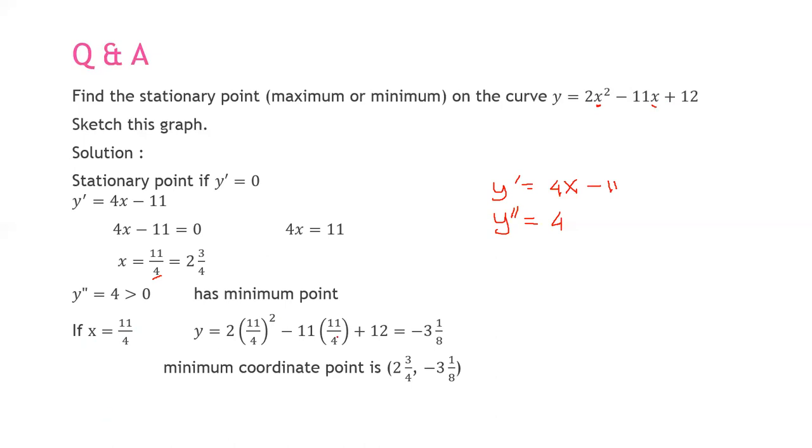Based on the calculation, we find that y equals negative 3 1/8. So the minimum coordinate point of this function is (2 3/4, negative 3 1/8). We need this coordinate point when we sketch this function.